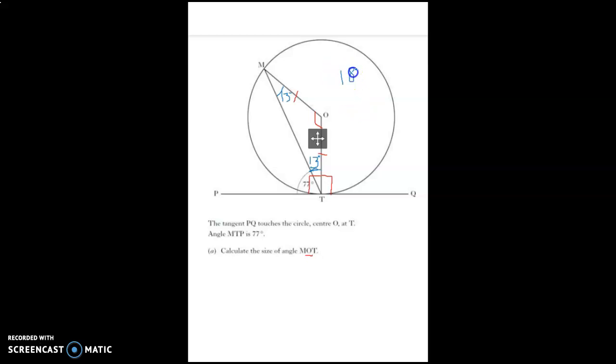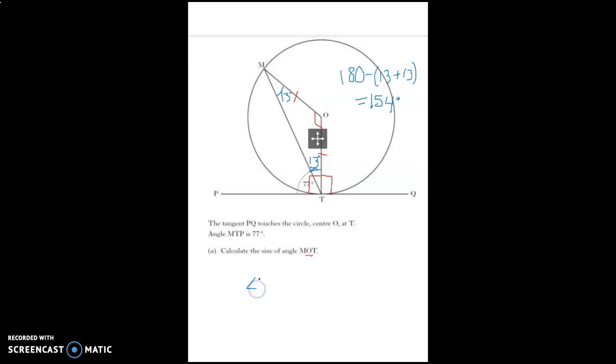So I'll go 180, and then we're going to subtract 13 plus 13, which we know is 26. So 180 minus 26 gives me 154. So here, this angle MOT is 154.